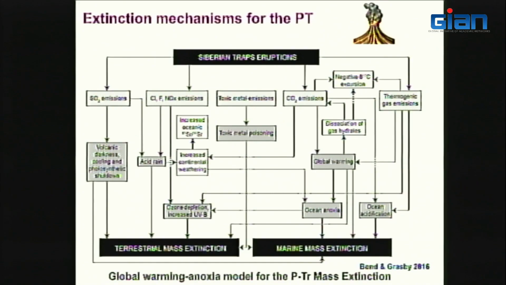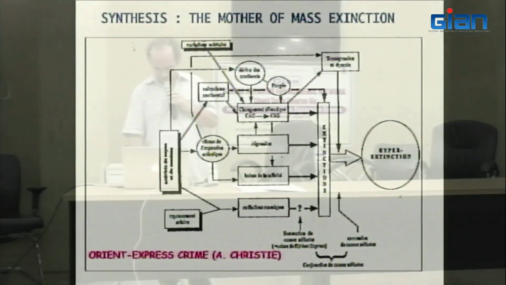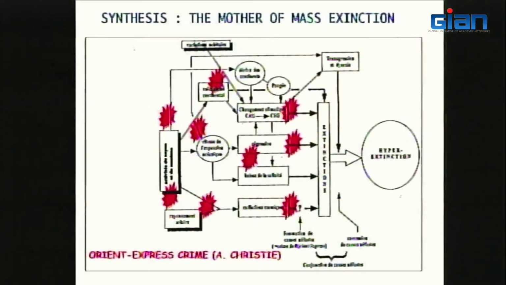And here, well, I put that one. This is in French, but it doesn't really matter. You know, we are calling this mover of mass extinction because, in fact, this is an addition, as I put here. It's very similar to the English here. In fact, you have more or less volcanism here.